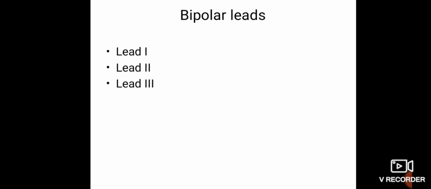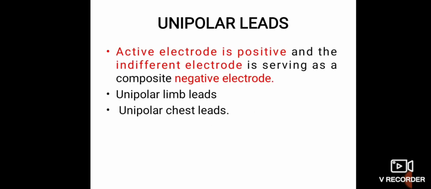In unipolar, they are divided into augmented limb leads, or unipolar limb leads, and unipolar chest leads, or precordial leads. In unipolar leads, there is only one active electrode, that is positive. The other acts as an indifferent electrode, that is a negative electrode.